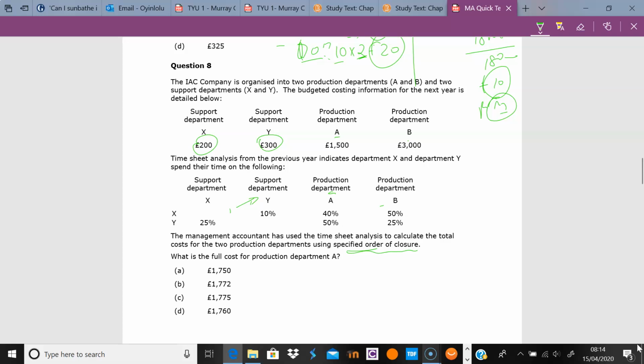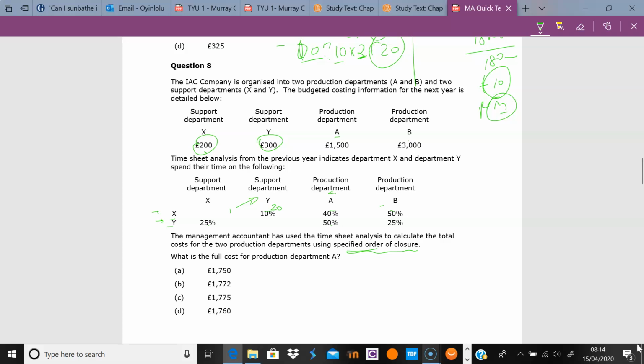So in this case here, this is good because they actually give us this information. So it says here that X supports these departments in this capacity. So how does X support Y? Well, 10% of this cost here, 10% of 200 is 20, right? And Y supports X in this capacity, supports A in this capacity.